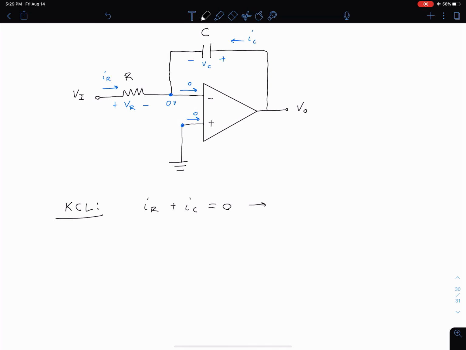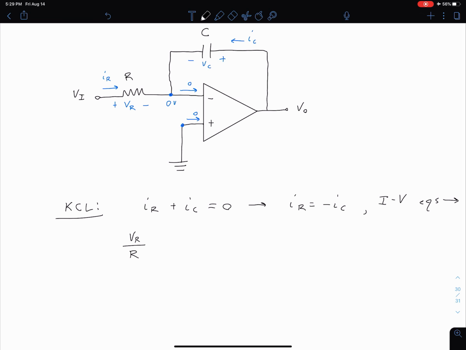Of course, we can rearrange that and say IR equals negative IC. Now we want to use our IV equations. For our resistor, that's just going to be Ohm's law, so VR divided by R is equal to our IR.